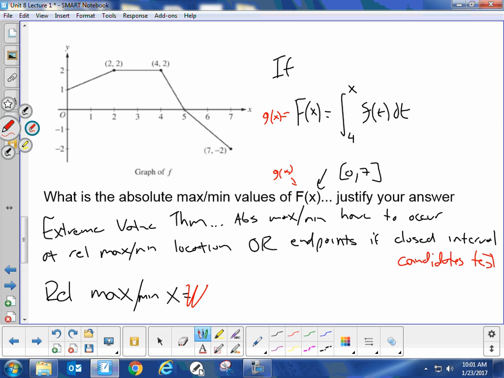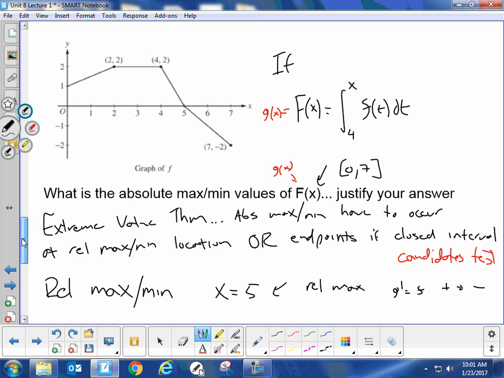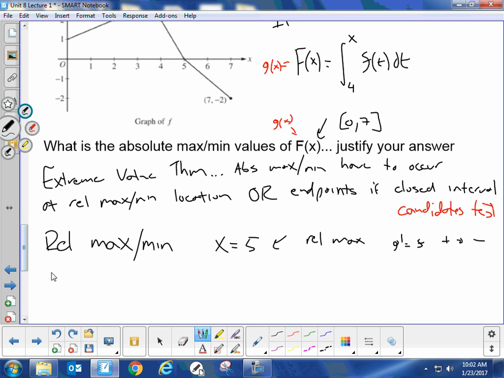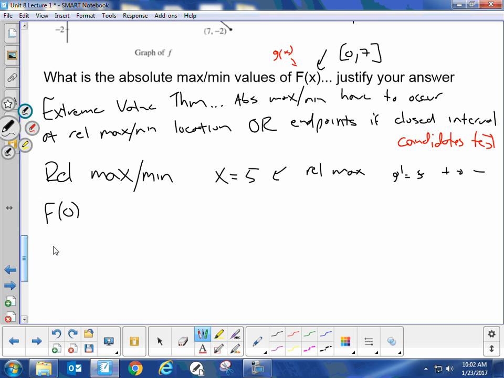So, relative max or min, we have one at x equals 5. Now, we know that this is going to be the location of a relative max because g prime, which equals f, goes from positive to negative. Okay? Now, all I can do now is actually compare function values like big F of 0, big F of 5, and big F of 7.